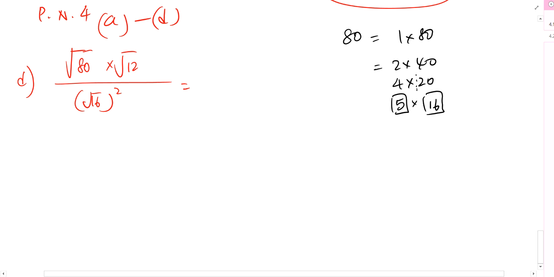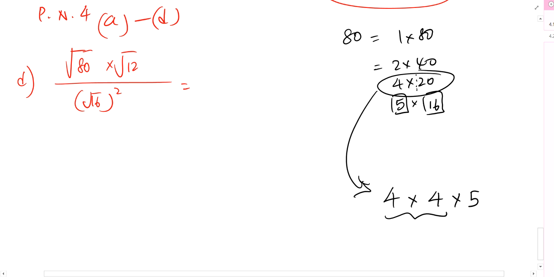Why did I choose 5 times 16 instead of 4 times 20? Because I want to be able to square root as large a number as I can. And I know that if I choose 4 and 20, it is going to come out to become 4 times 4 times 5. So this is another perfect square, which is 16 times 5. So I might as well go straight to 16 times 5.